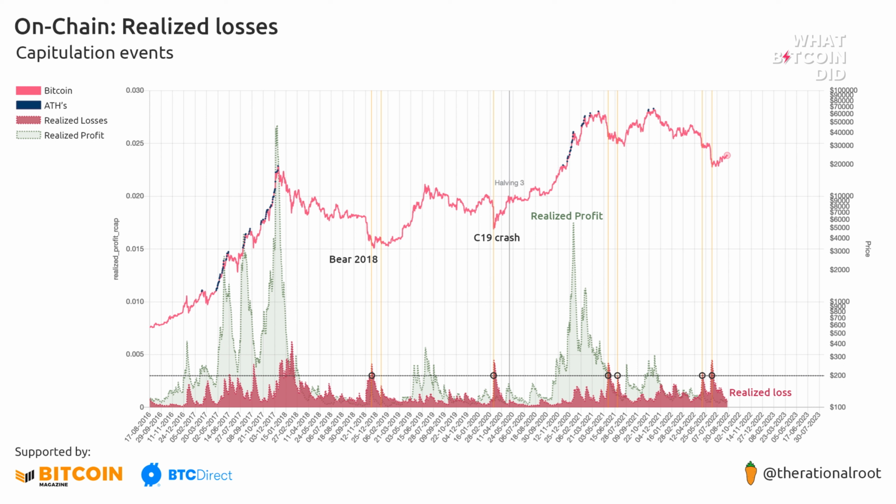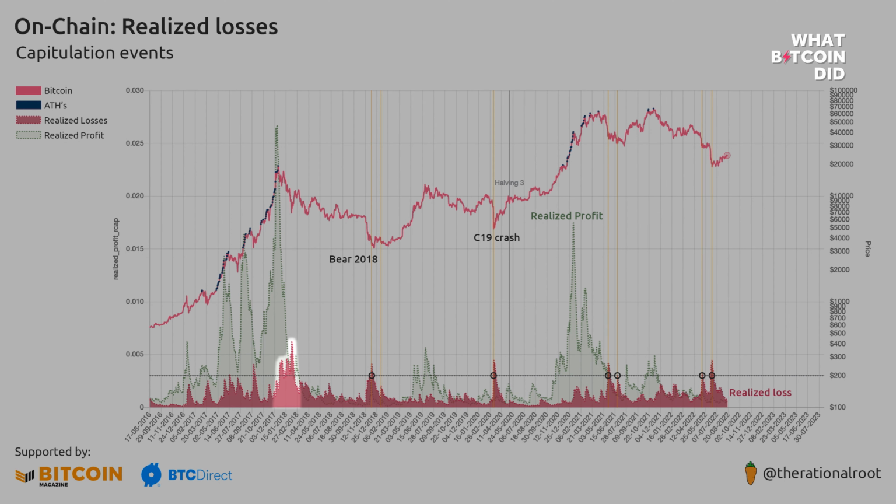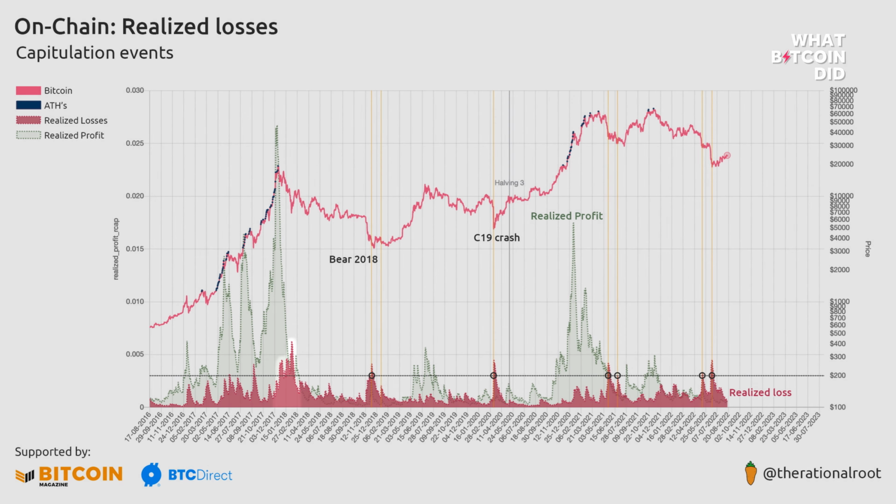And this is the last chart actually. Here I show realized losses. Again, to show that the bottom we had in June 2022, the 17K that we touched, was in terms of realized losses truly a capitulation event, right? Panic sellers.